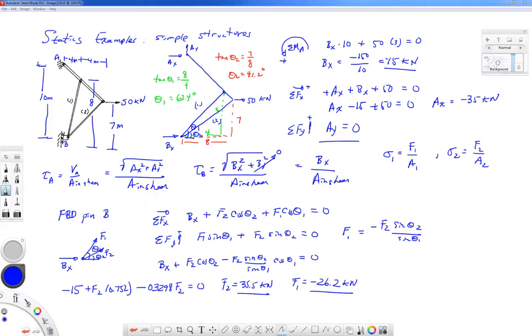The negative force for F1 means the bar F1 is in compression. When I draw a free body diagram with the arrows coming out of the pin, that's like assuming that the bar is in tension. So this would be the free body diagram of bar 1. And I'm also assuming that bar 2 is in tension.